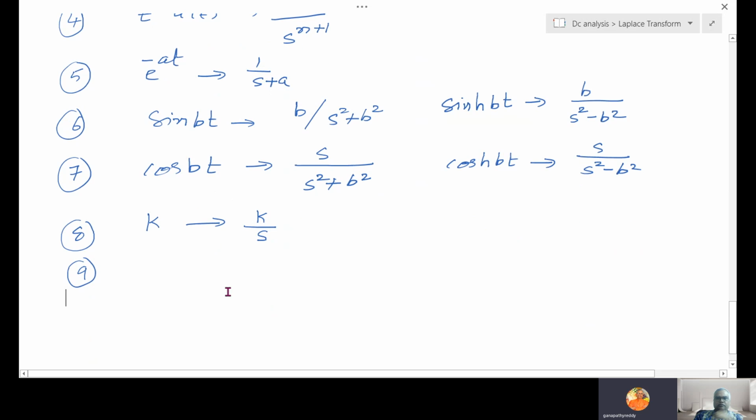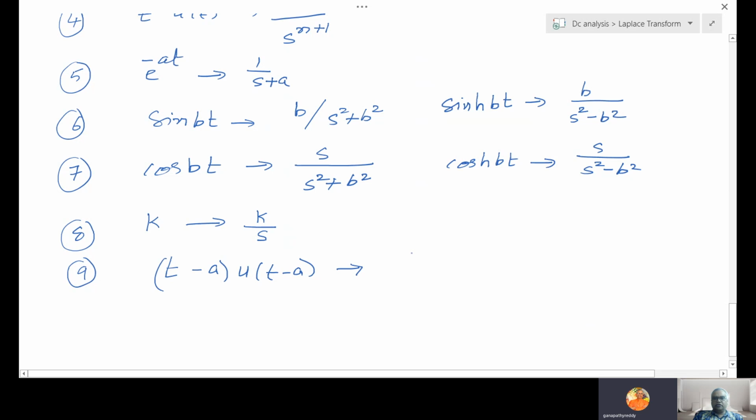So these are direct, but sometimes you have to work more. For example, t u of t minus a, or otherwise let us take a simple one, t minus a times u of t minus a.